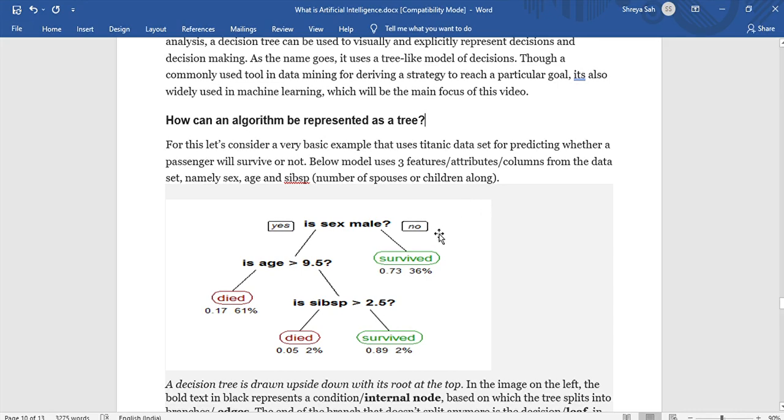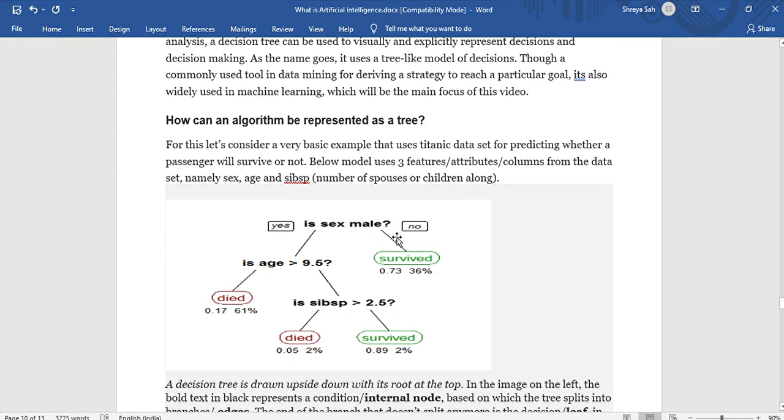The very first question is: is the sex male, yes or no? If the sex is male, it will go to the next criterion, which is the age. If the sex is not male, then there's a chance that he survived.